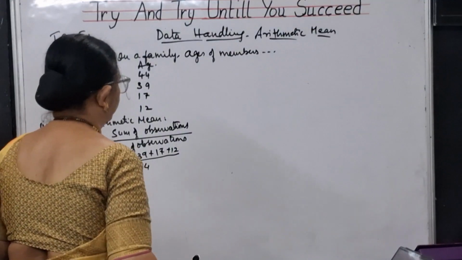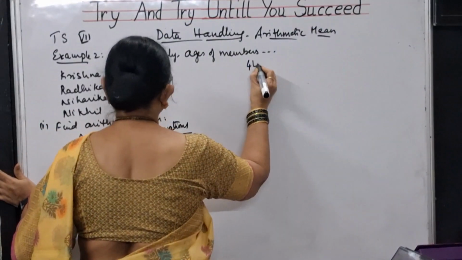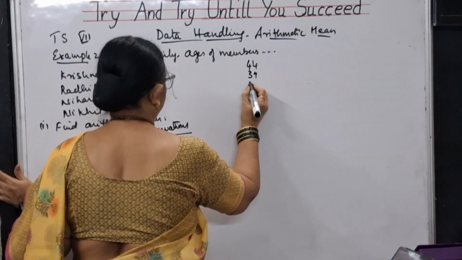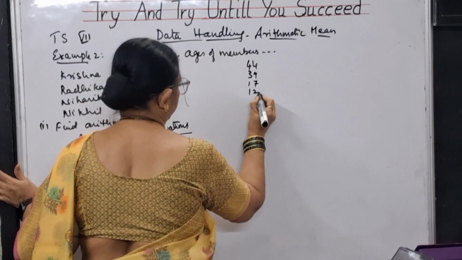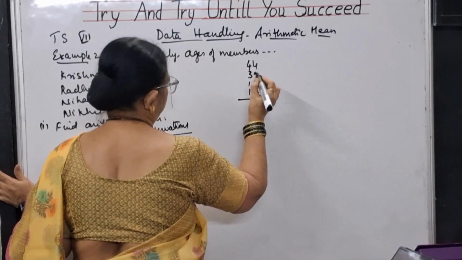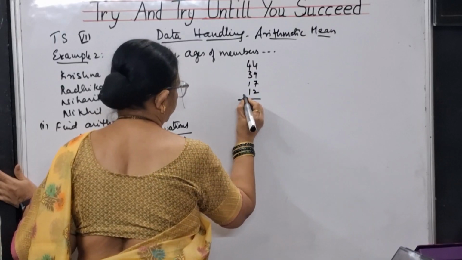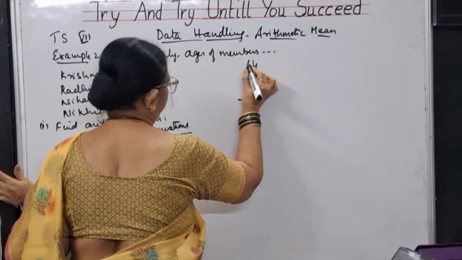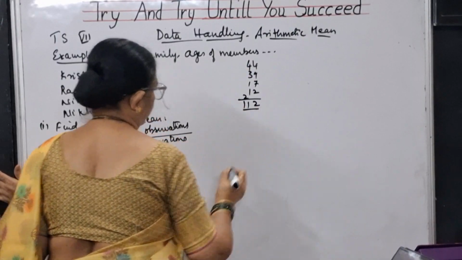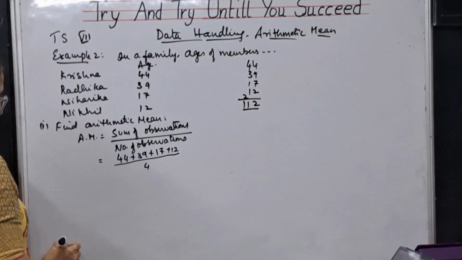So let us add 44, 39, 17, 12. The total is 112.